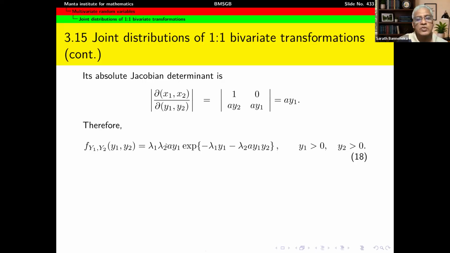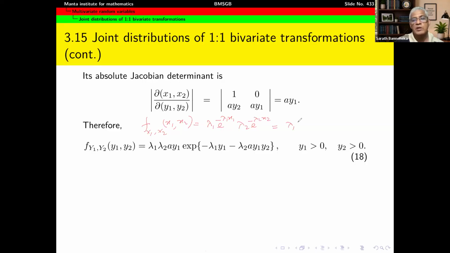Okay, so how did we get this one? I will first write down the joint density function, then it will be easy to understand. The joint density function of x1, x2 evaluated at x1, x2 is going to be the product of the individual exponential densities because x1 and x2 are independent. So it's going to be lambda1 e to the power minus lambda1 x1 times lambda2 e to the power minus lambda2 x2.